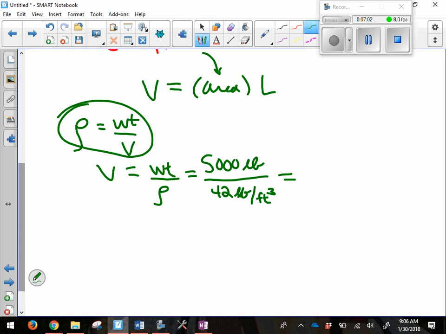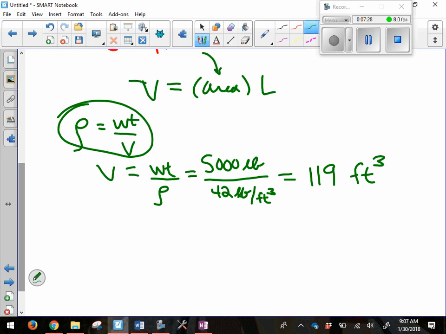So what's the volume that we're going to need? Cubic feet. Is Priya right? Sarah agrees. Let's see what Sarah says. Okay.